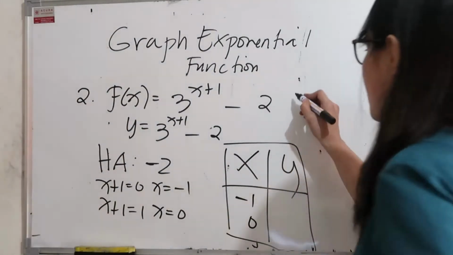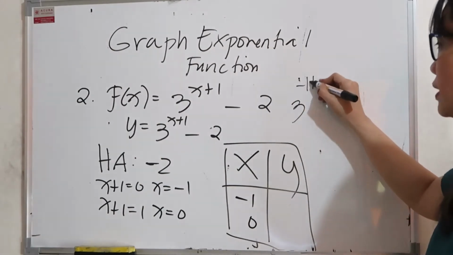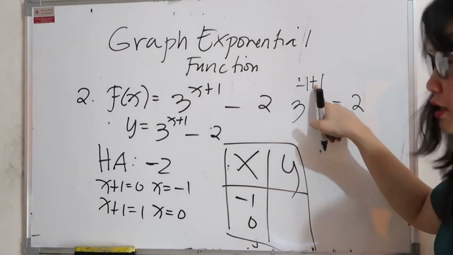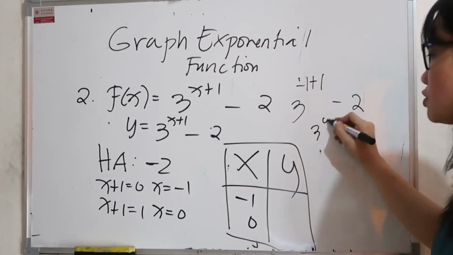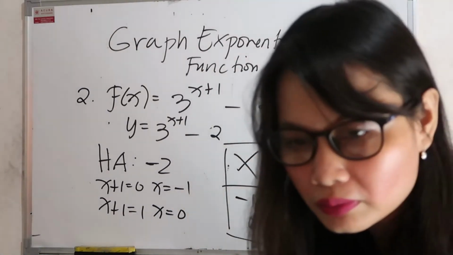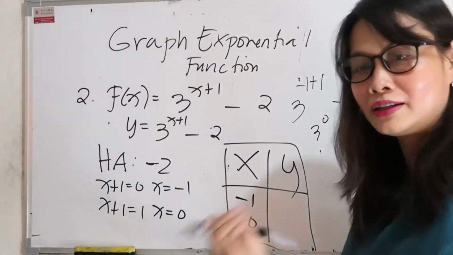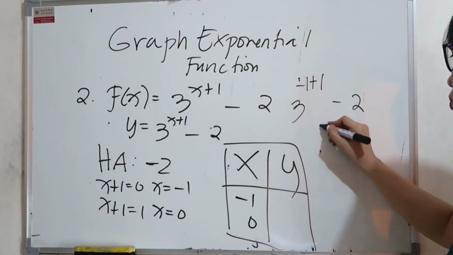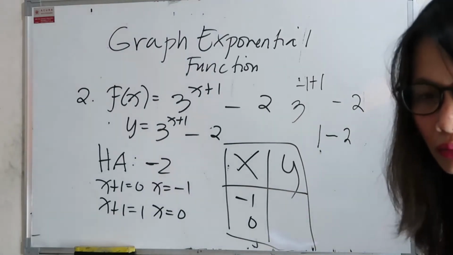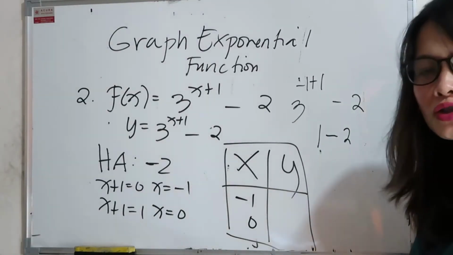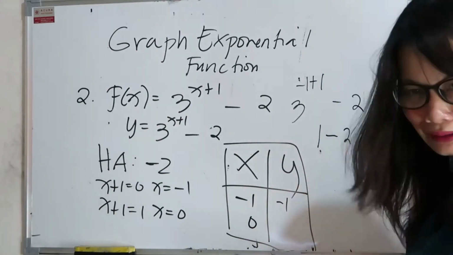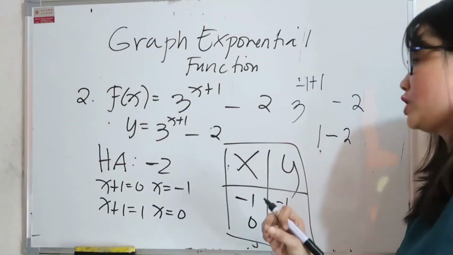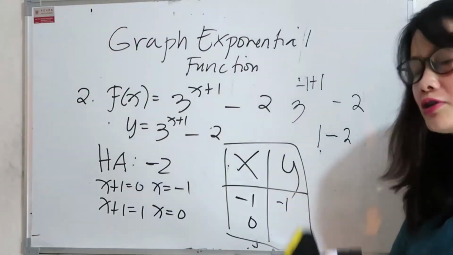So that will become 3 raised to negative 1 plus 1 minus 2. Negative 1 plus 1, what is the answer? Okay, 0. What is 3 raised to 0? 1. So 1 minus 2 is negative 1. Remember, any number raised to 0, the answer is always 1.